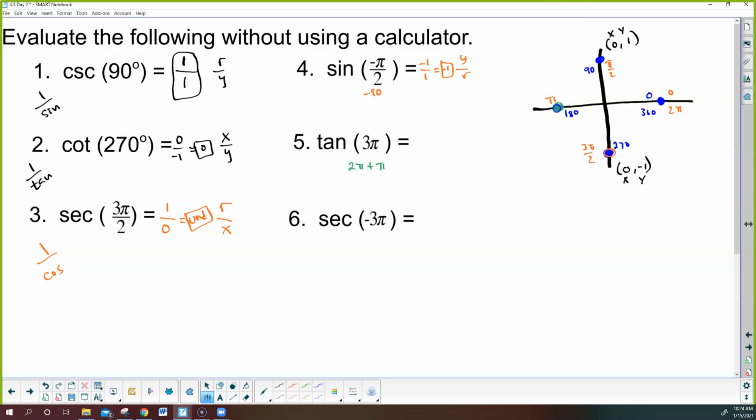Well, what's this location? This is go over 1, up 0, and I went over 1 to the left, so it's negative. So that's my x and y. And tangent is the ratio of y over x, which is 0 over negative 1, or just 0.